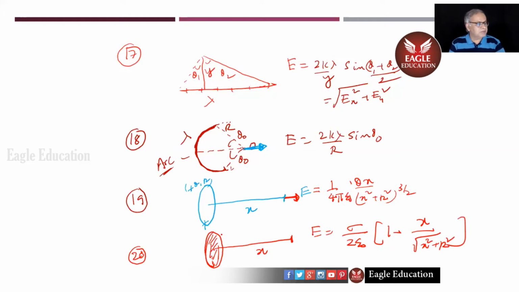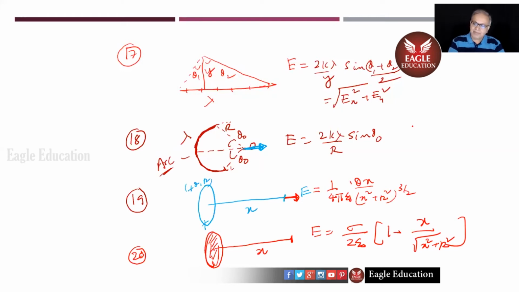Is that the formula? Refer back. Yesterday only we did, right? Sir, you wrote 2 pi epsilon 0. Just look, pi gets cancelled there.